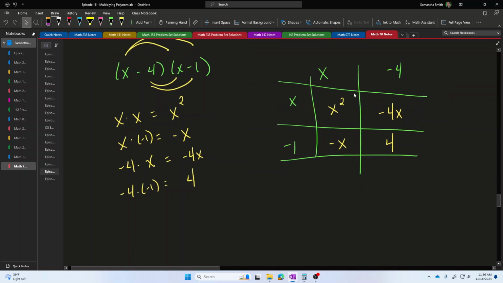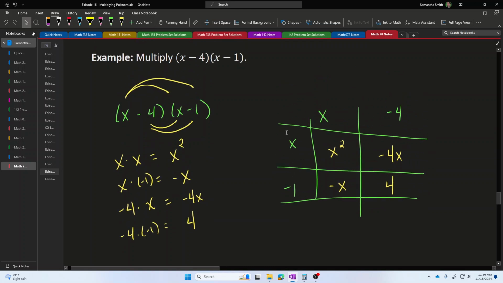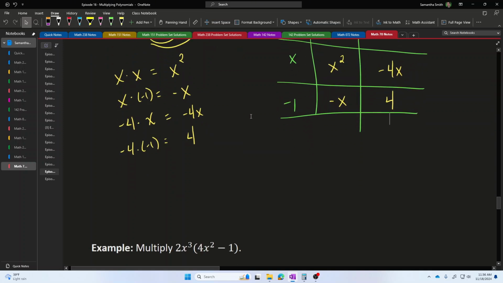So now that I have written down the four products that I get by multiplying every term in the first polynomial by every term in the second polynomial, all I have to do is combine these and add these together. So x squared plus negative x, plus negative 4x, and then 4.